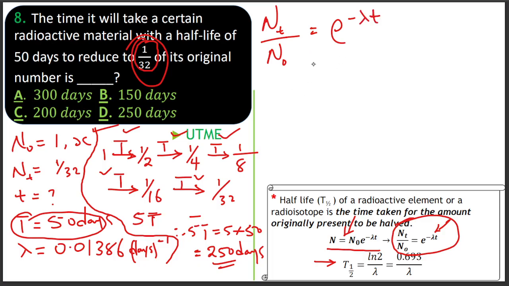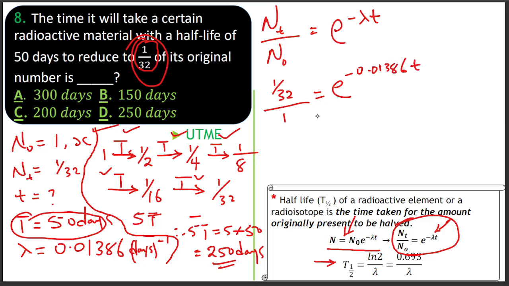Okay. So let's plug in the values. N sub t is 1 over 32. So 1 over 32 divided by 1. Of course, it will still be the same thing. And then we have minus lambda, which is 0.01386, times t.